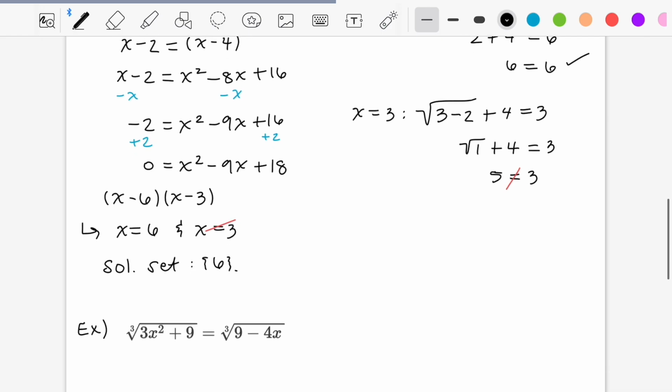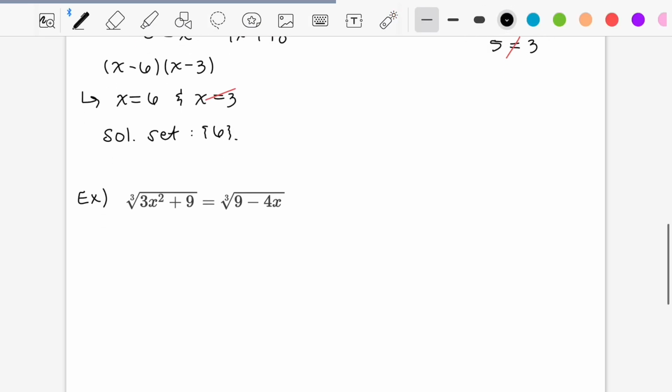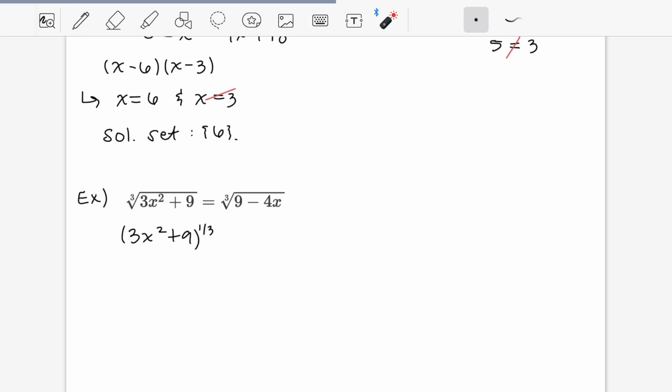Alright, let's look at this next one here. We have the third root of 3x squared plus 9 is equal to the third root of 9 minus 4x. Now I know we have this third root here on both sides of our equation, and you might want to move that over first because we want our radical term to be on one side of our equation. But what we can do first is notice that this is the same thing as this guy to the 1/3 power, and this on the right-hand side is the same thing as this guy to the 1/3 power.